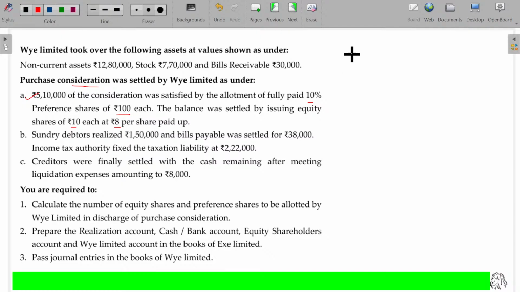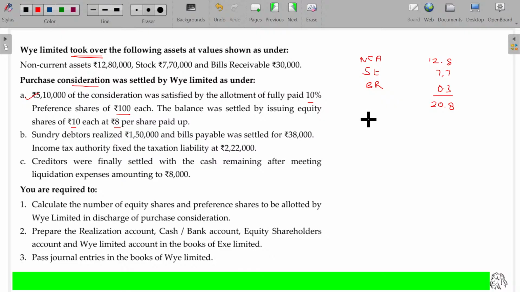So, what are the assets taken over? They have taken over only a few of the assets. Non-current assets taken over for 12.8 lakhs. Stock taken over at rupees 7.7 lakhs. BR 0.3. What's the overall value? 20.8.